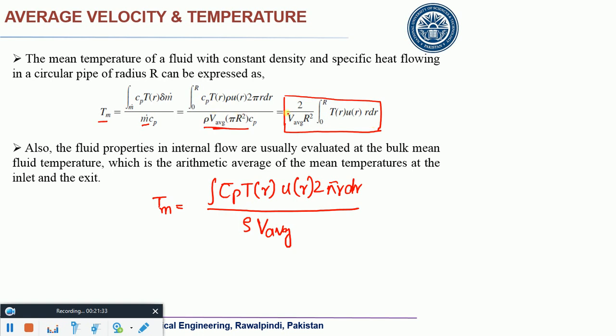You just need to integrate it. So you can see that this Tm is a function of the temperature profile and it's a function of the velocity profile as well. Okay, so this is not very simple. In case of internal flows, you have to be very careful that for mean velocity, it was only a function of velocity profile, but mean temperature is a function of not only temperature profile but also velocity profile.